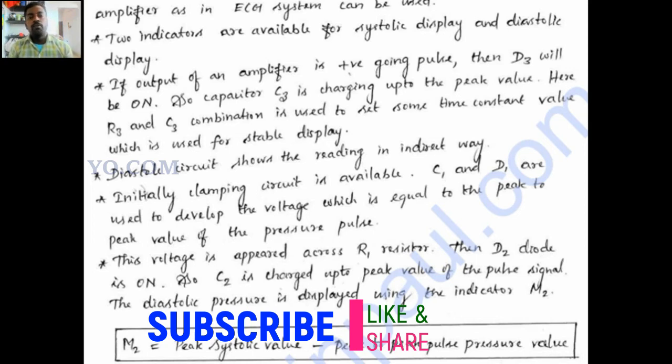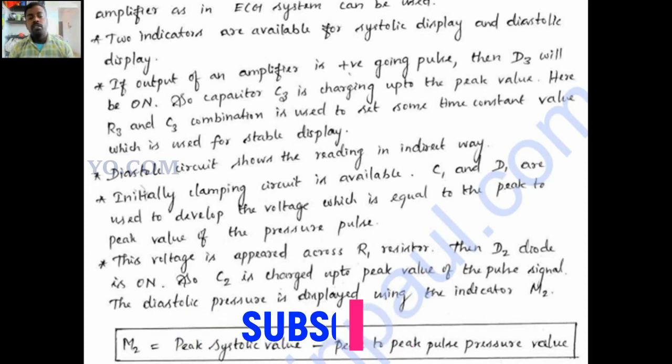If the output of the amplifier is a positive going pulse, then D3 will be on, so the capacitor C3 charges up to the peak value. Here the R3 and C3 combination is used to set a time constant, which is used for a stable display.